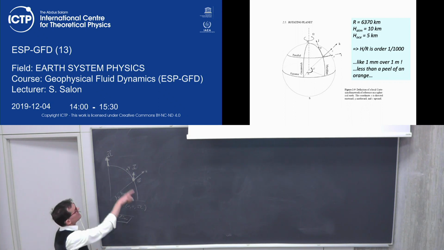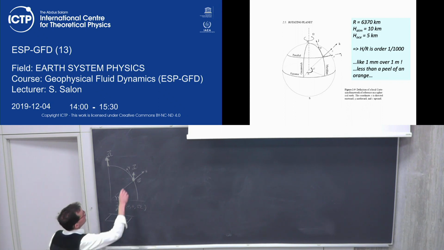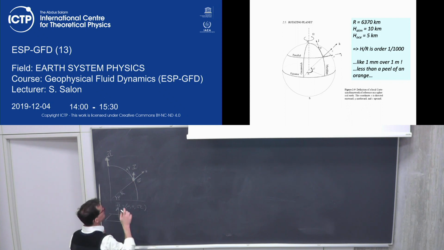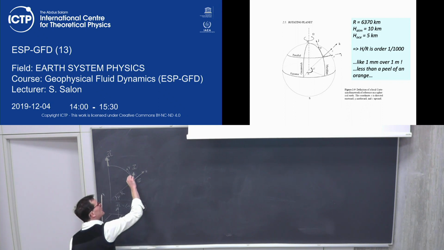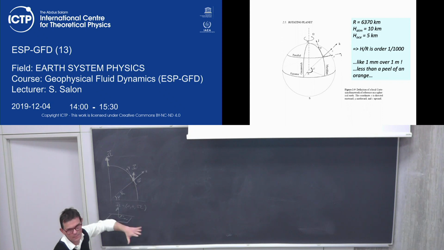So here we are having a curved reference, and of course if we look at a very small scale, when this distance here is much smaller than the radius, we can take this area like a plane.